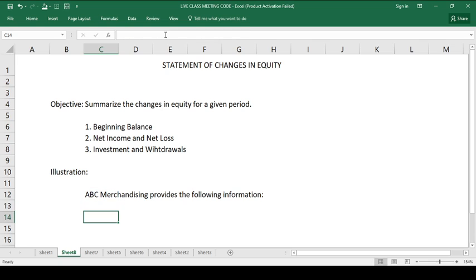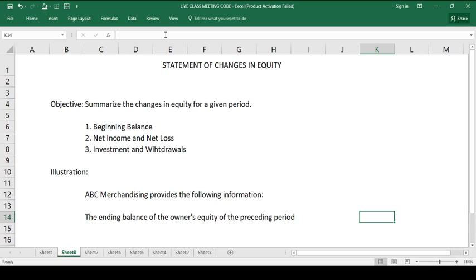For example, the ending balance of owner's equity of the preceding period is, let's say, 100,000 pesos.